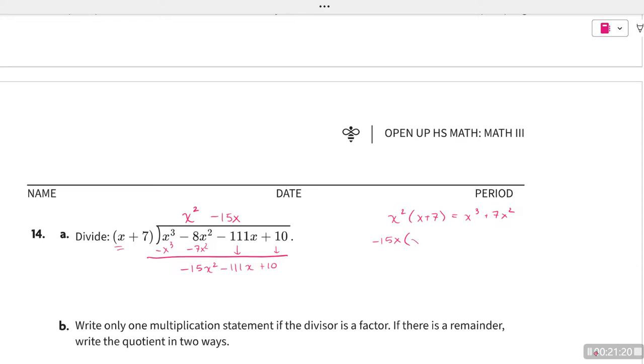So we have negative 15 times x plus 7. That's going to give us negative 15x squared. And then 15 times 7, well, 7 times 10 is 70. And then 5 times 7 is 35. So 70 plus 35, we get 105.